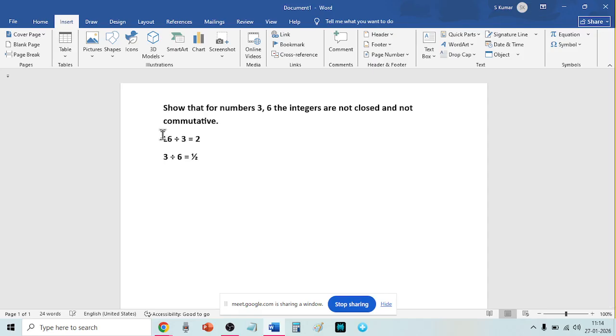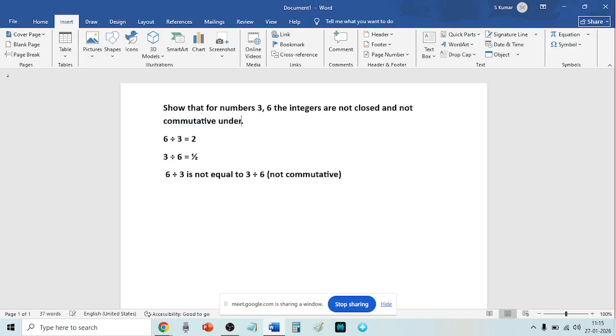Here there is no left side given, so don't write left side. 6 divided by 3 is not equal to 3 divided by 6. That is the first part. So that means it is not commutative.